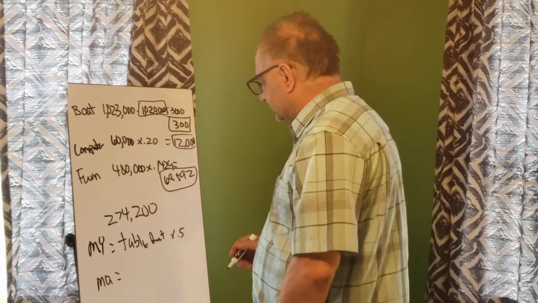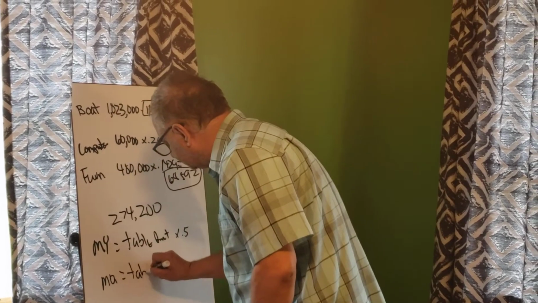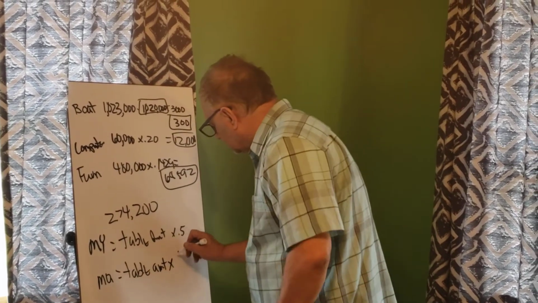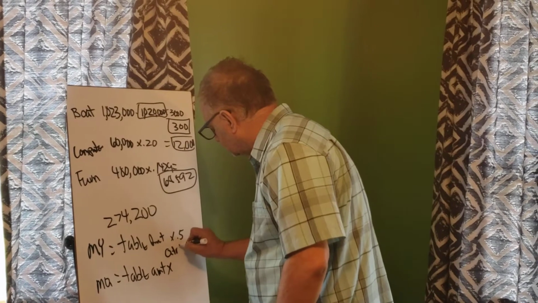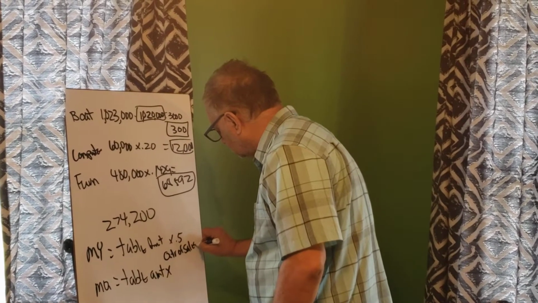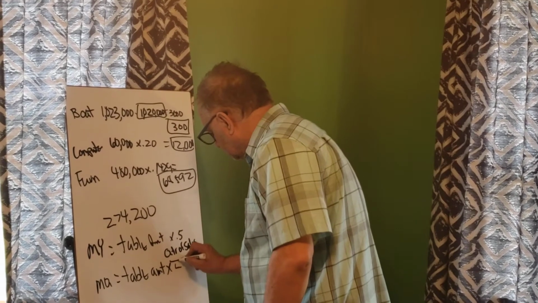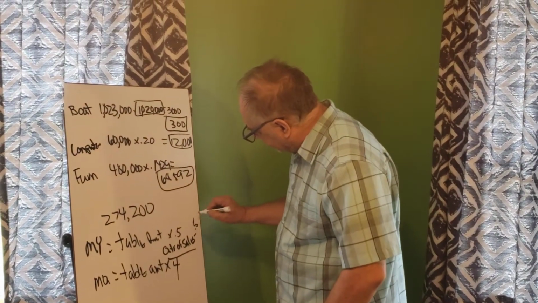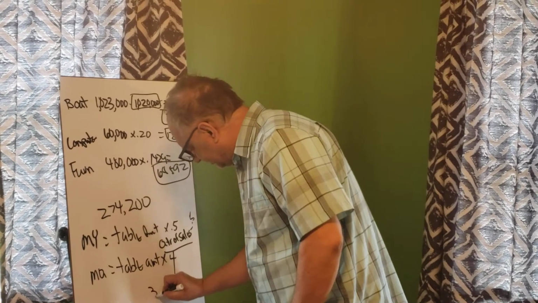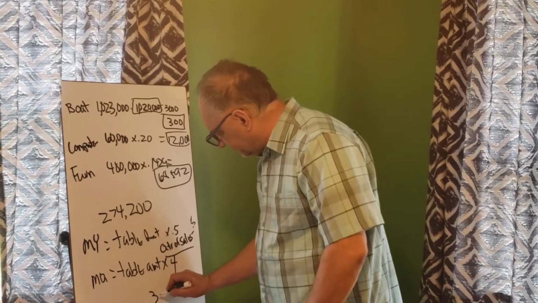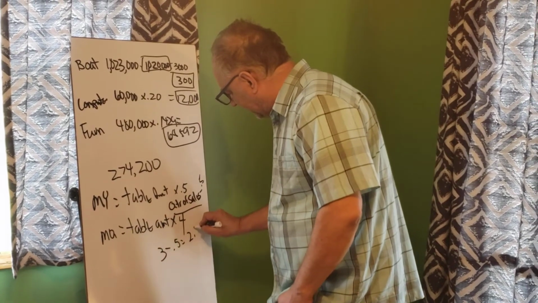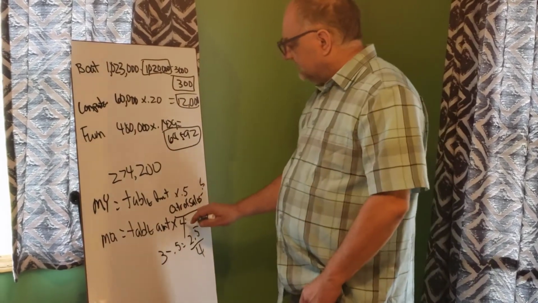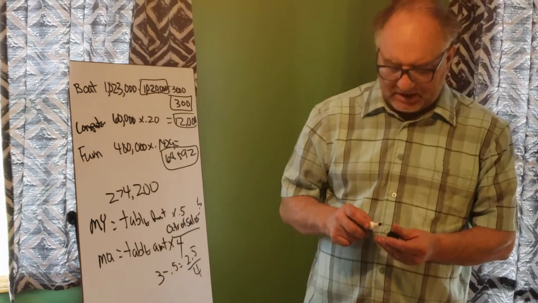So we're going to take the table amount times the quarter of sale minus 0.5, divided by 4. So if I sell it in the third quarter, we're going to take 3 for the third quarter minus 0.5 to get 2.5 divided by 4. So it's the quarter of sale minus 0.5 divided by 4, and take that number times your table amount.